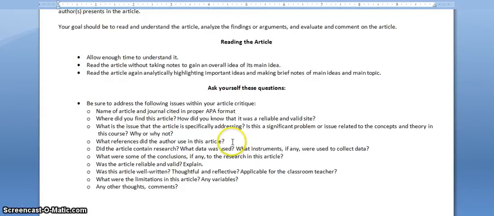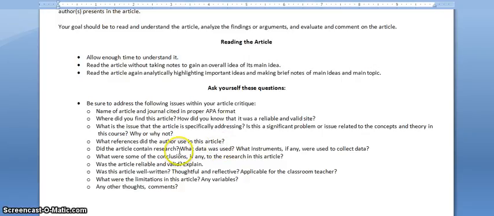What references did the author use in this article? You don't have to list those out, cite them verbatim, or cut and paste their reference page, but you can just say they used numerous journal articles, books, web pages. Just go into depth about what kinds of references they used.